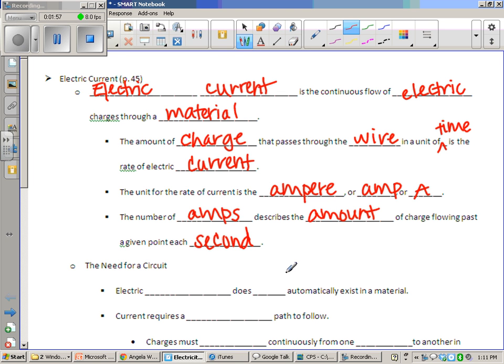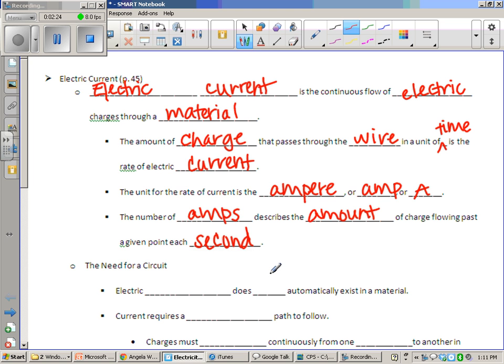Okay. So in your book, you would see that there is a picture of a conveyor belt full of tomatoes, and the picture is trying to help you understand that the conveyor belt is more like the wires in your electric circuit, and that the tomatoes are your electric charges, your electrons.